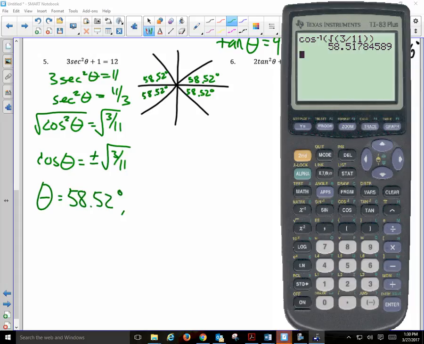And then 180 minus 58.52 is 121.48. And plus 180 is 238.52. And 360 minus would be 301.48. 4 solutions there.